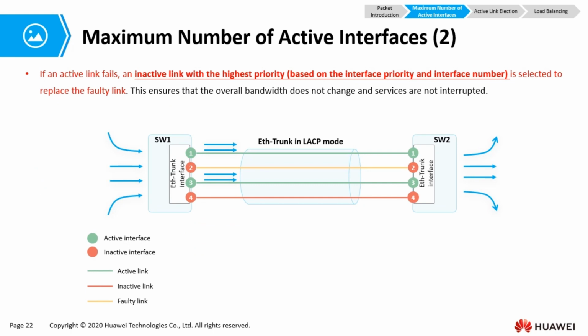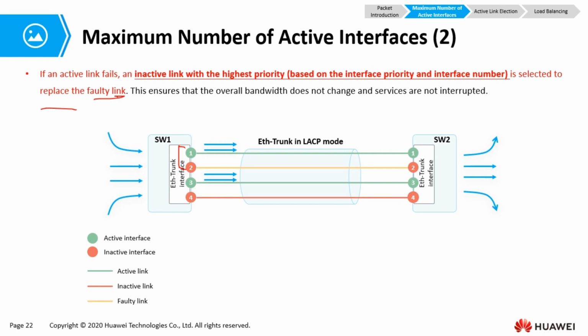Next one, if the active link is faulty, the inactive link with the higher priority, again based on the smaller interface number having a higher priority, will be elected to replace the faulty link. For example, let's say link 1 and link 2 become the active links.